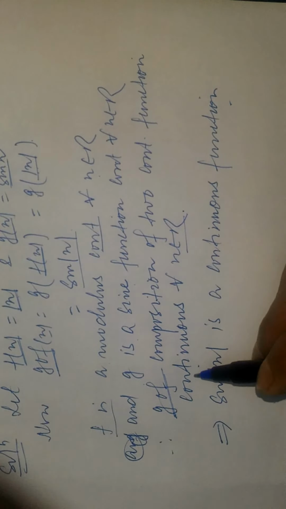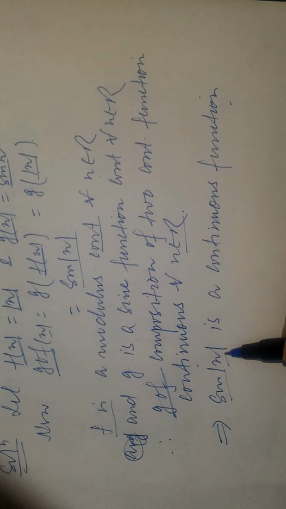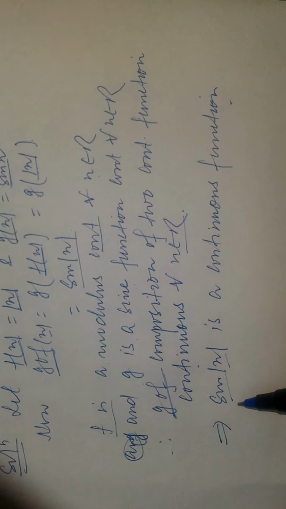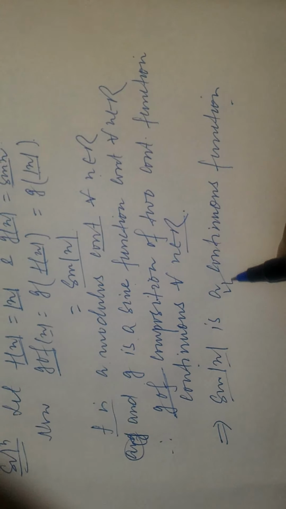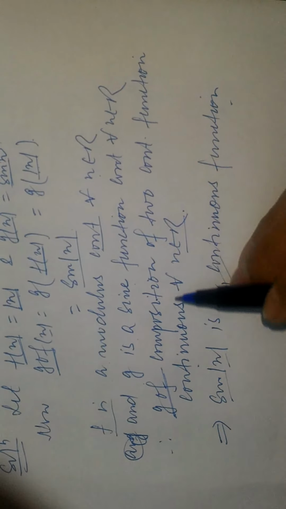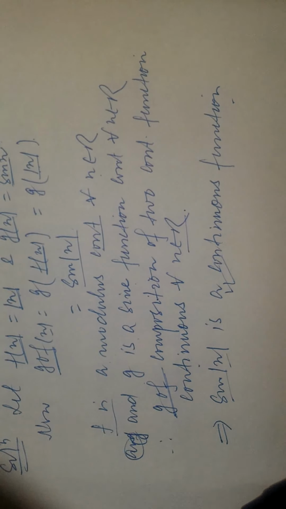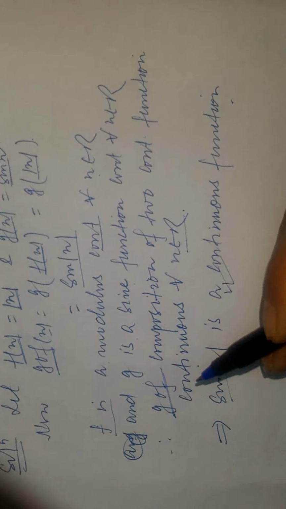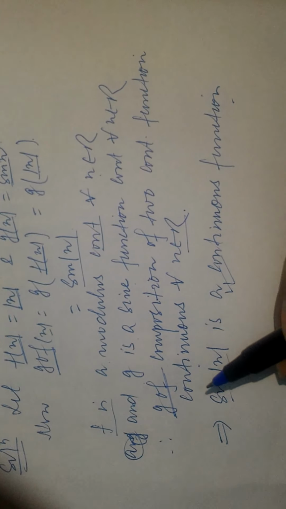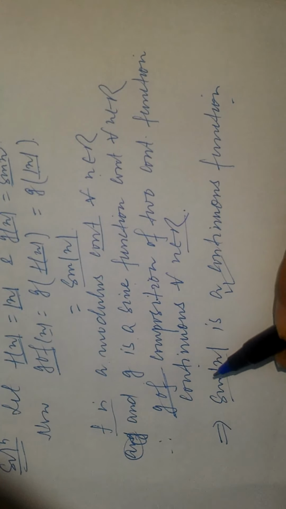So we can say that sine of mod of x, which is nothing but g o f of x, is also continuous. So whenever you have a composition of functions, and you know that its constituent functions are continuous, we can say that the composition of two continuous functions is continuous.